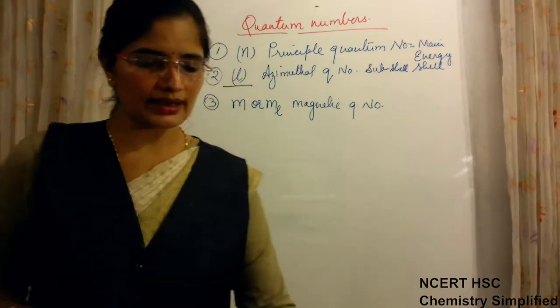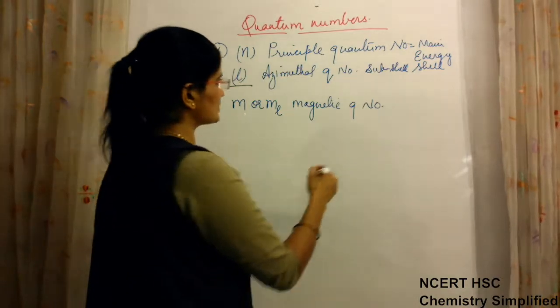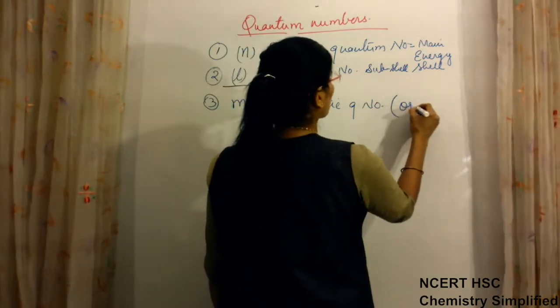Okay, now what does the magnetic quantum number tell us? The magnetic quantum number tells us about the orbitals.